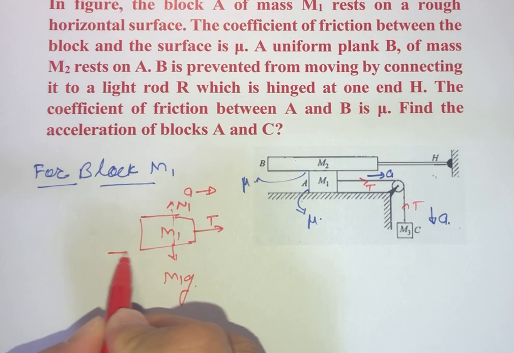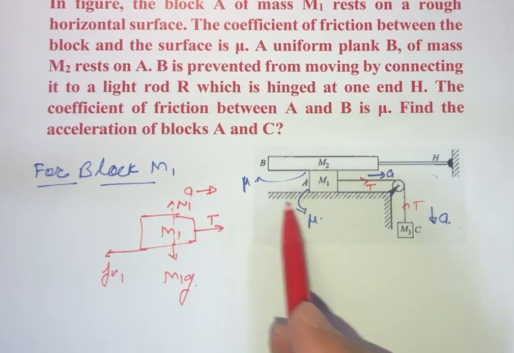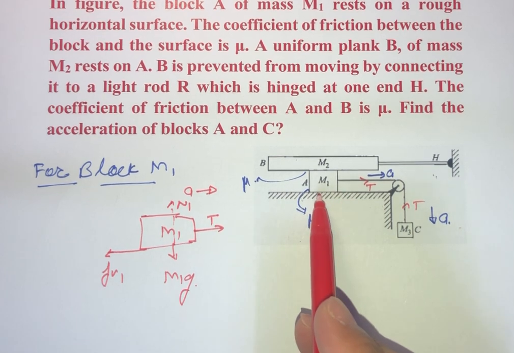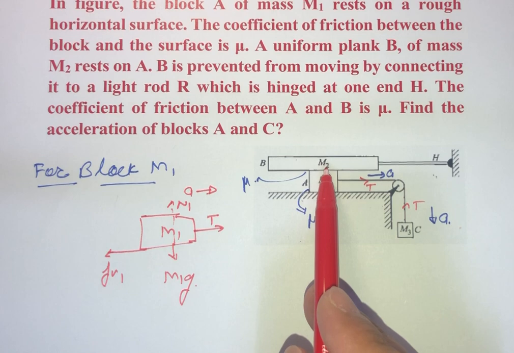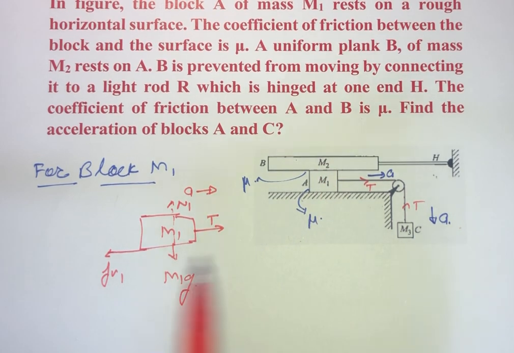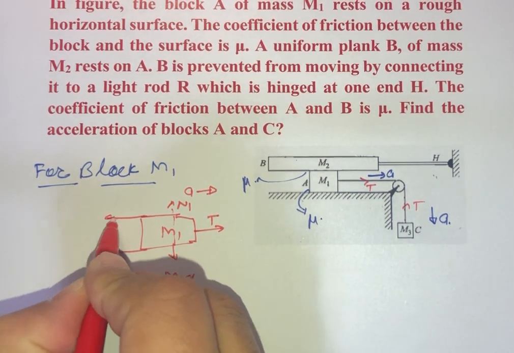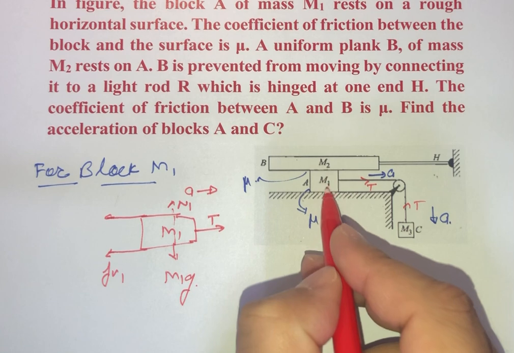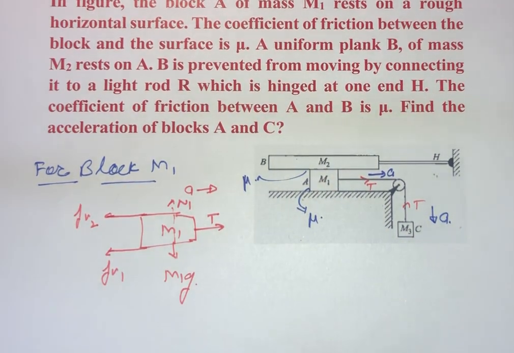Okay, so the acceleration of M1 is A towards right. So there will be a force of friction, that is called as FR1, between the M1 and the tabletop or horizontal surface, and M1 is also connected with M2, or M2 is lying above the M1. So there will be also a force of friction because of movement of M1 with respect to M2. Let us call that FR2.